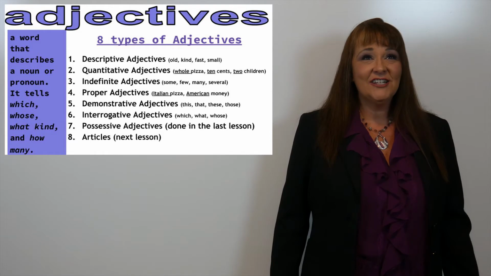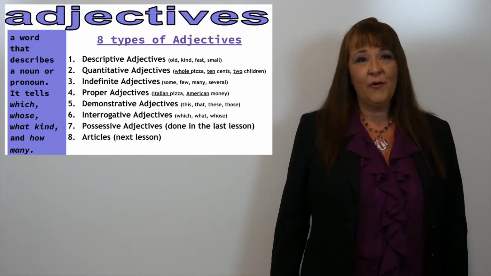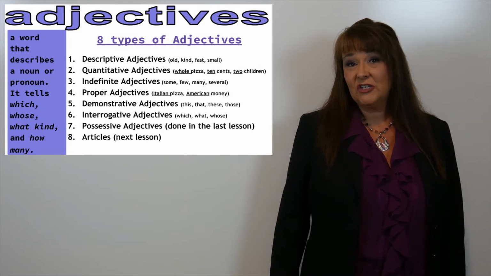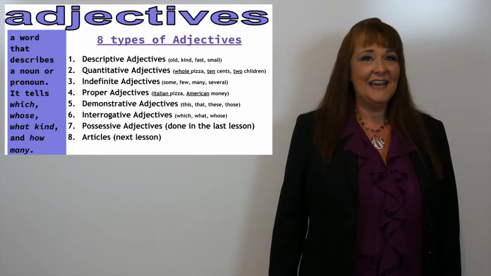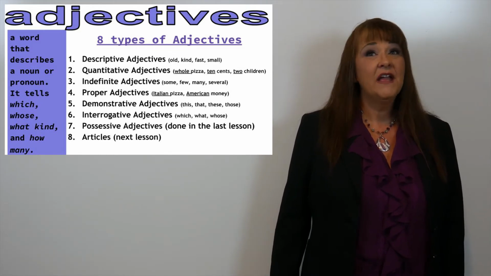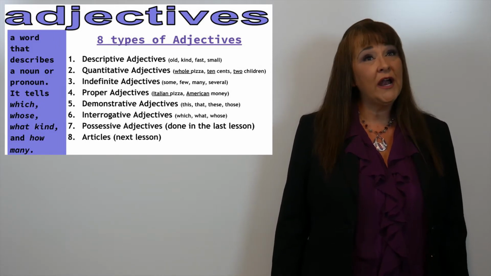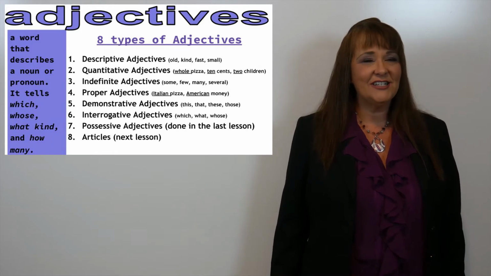An adjective is a word that describes a noun or a pronoun. It tells which, whose, what kind, and how many. There are some different types of adjectives to be aware of. There are 8 types of adjectives.